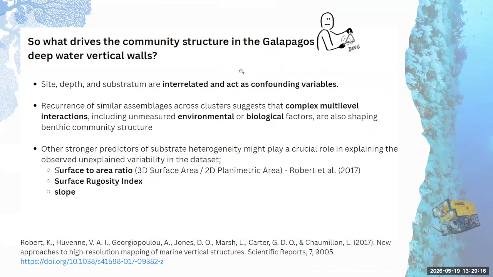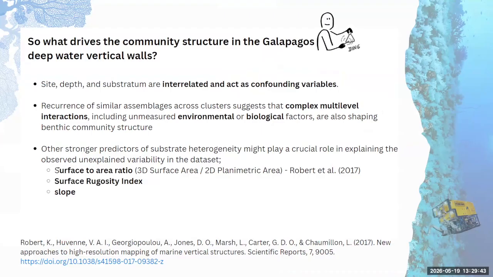When we talk about the community structure here, as I explained, the site depth and substratum were interrelated and acted as confounding variables. We also observed similar assemblages across clusters, and they suggest that complex multi-level interactions, including unmeasured environmental or biological factors, are also shaping this benthic community structure.